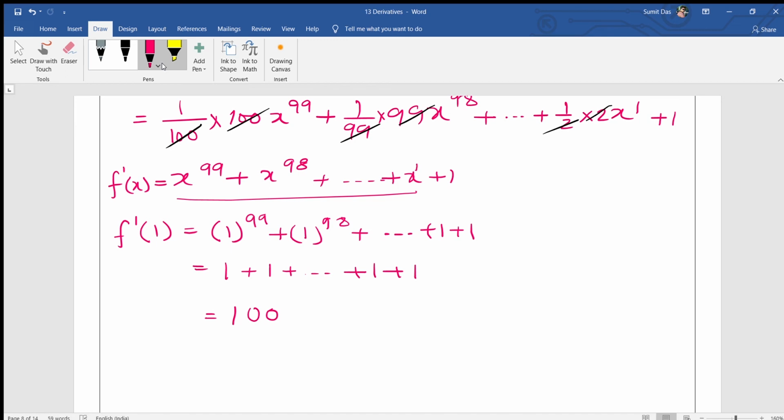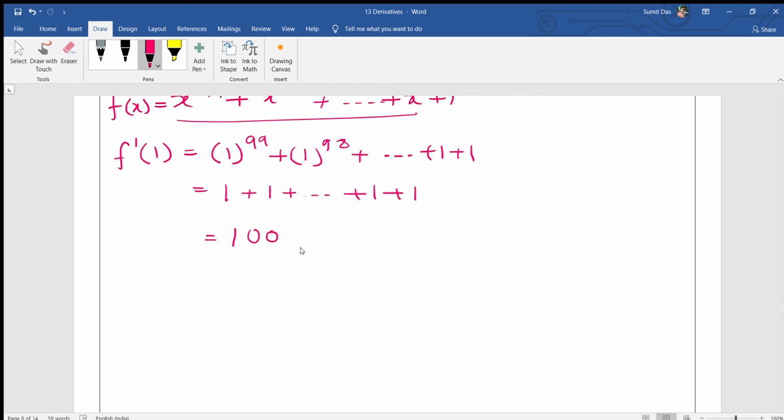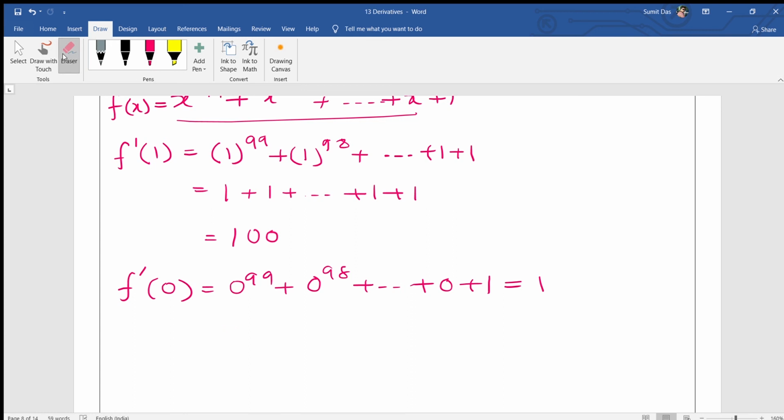Now let's put 0. f dash 0 will be 0 to the power 99, 0 to the power 98, 0 plus 1. So here the answer will be 1. Therefore f dash 1 is equal to 100 into 1.